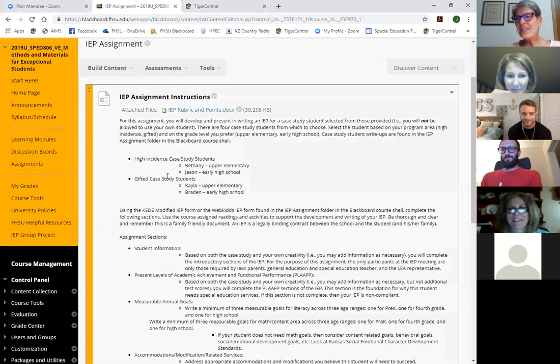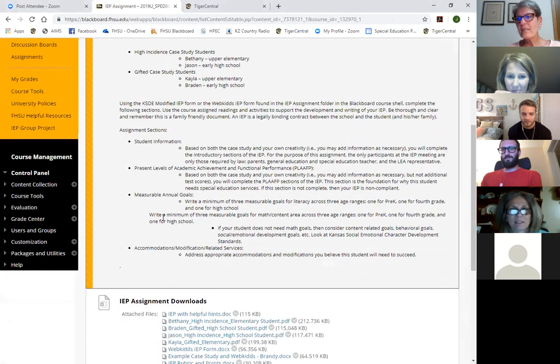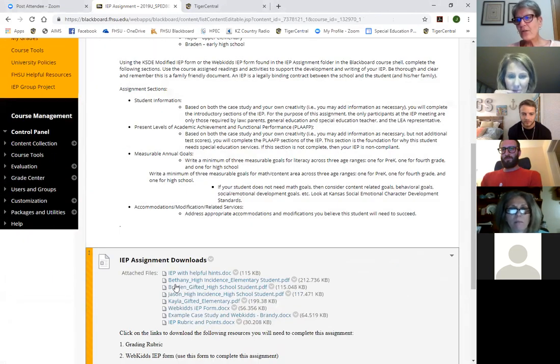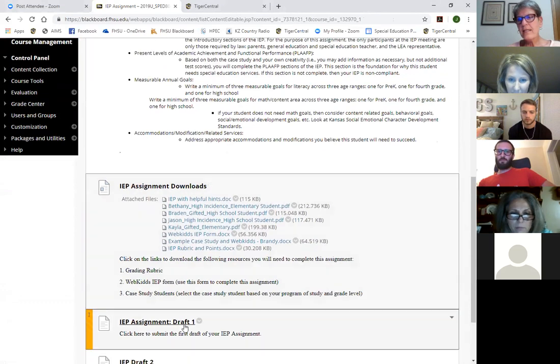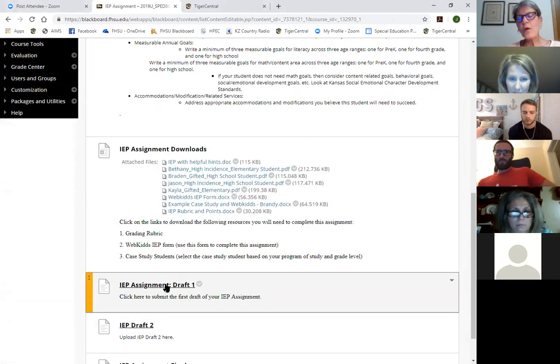Here it tells about the kiddos, and here's where you download them. And that example that I was using is right here. The rubric with the points is right there. This is where you submit it. One person submits it and the 1 point goes to both people.